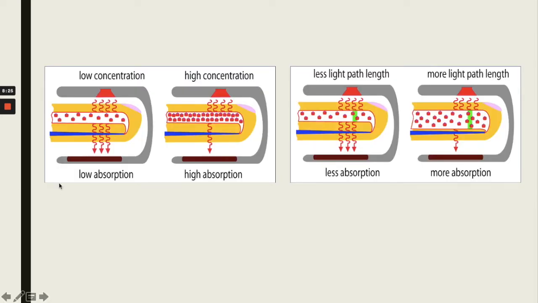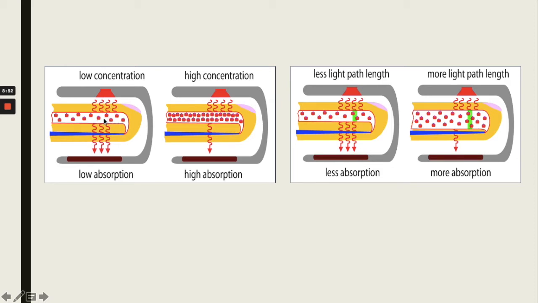So here in this first slide, we see a finger and a pulse ox probe, and this represents an artery. This is a vein. And these things that look like tomatoes or apples are actually hemoglobin. If we have a low concentration of hemoglobin here, and these are our light waves going through, we have less absorption of the light waves by the hemoglobin.